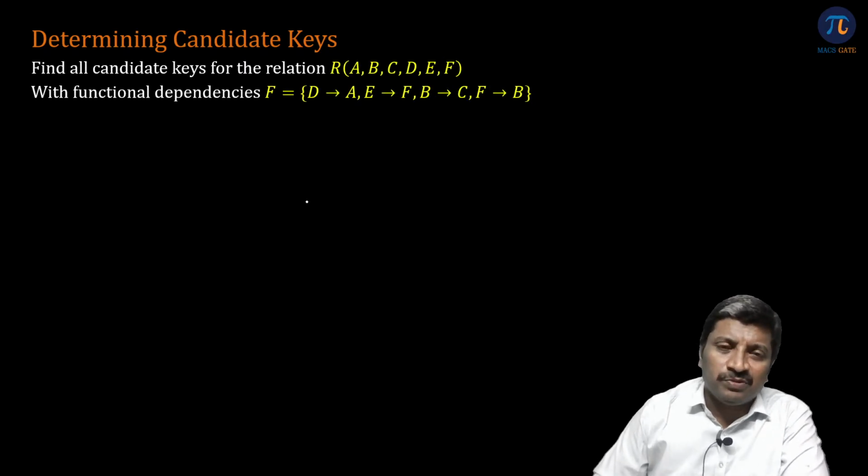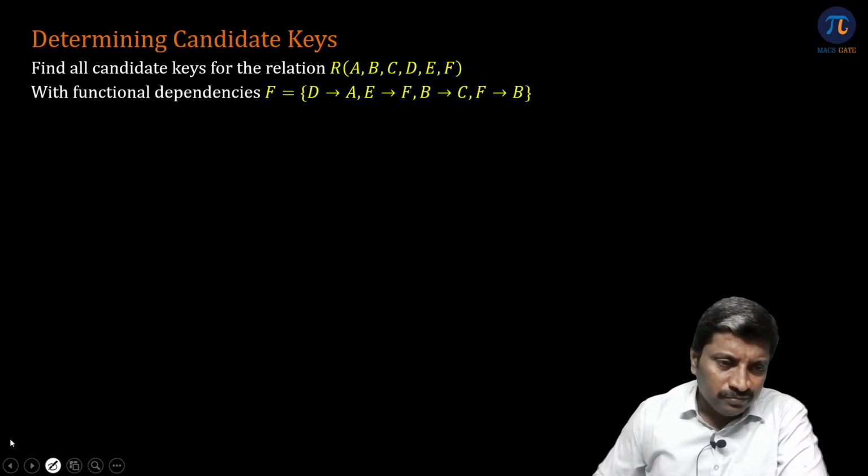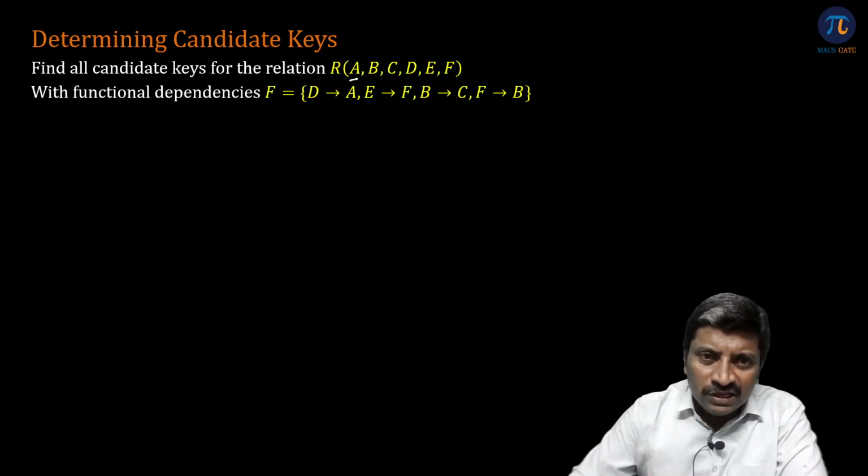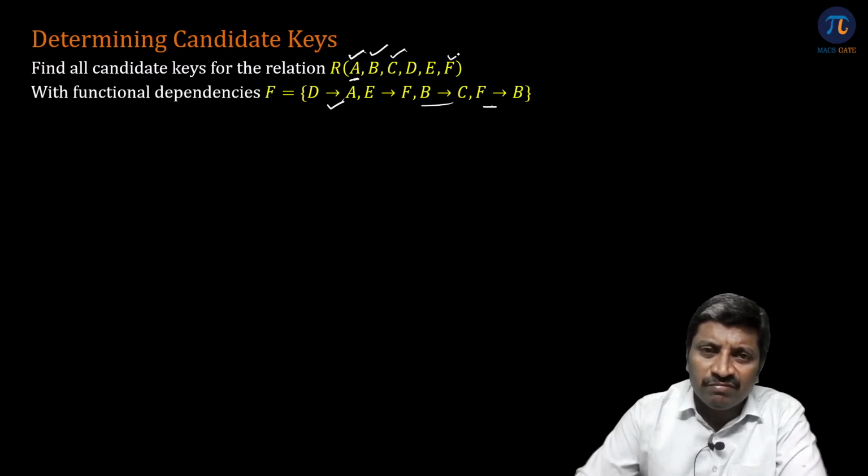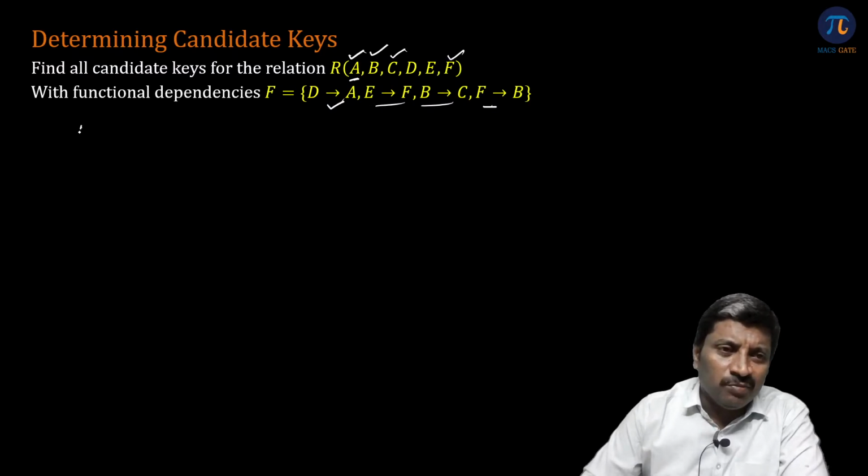Let us do one more example. Sir, A is present here. B is present here. C is present here. D, no sir. E, no. F, yes. So D comma E is not present.